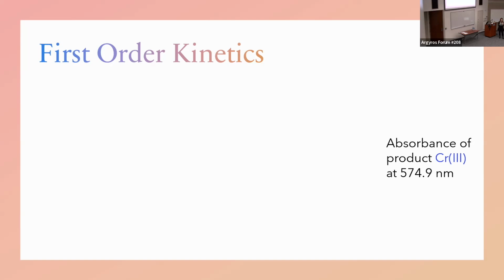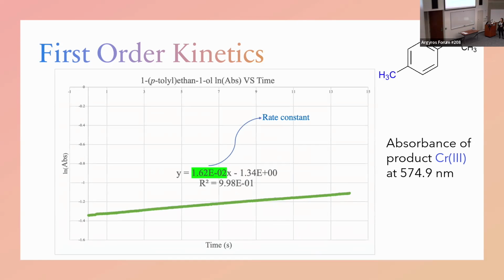And then after the data analysis, we take the natural log of our absorbance plotted on the vertical axis and the time on the horizontal axis, in which we can find our rate constant to be the slope of our straight line. And here is just an example of our para-methyl alcohol with a pretty decent R-square value.